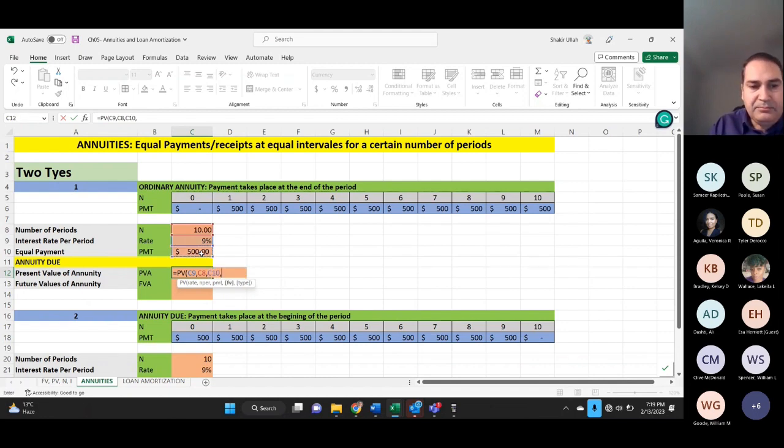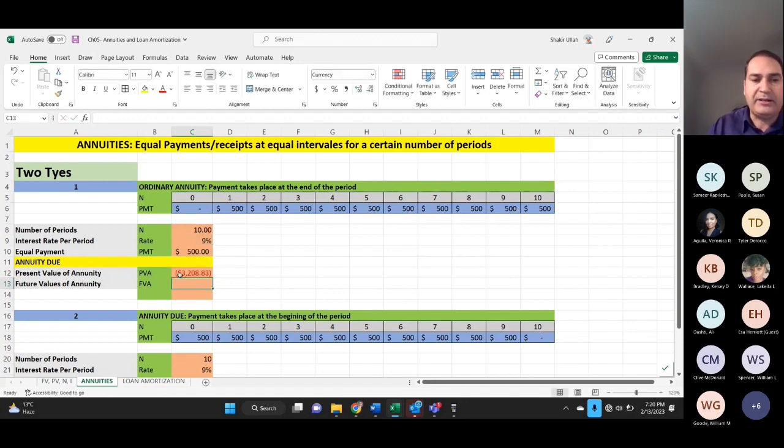Comma, future value. We don't receive any future value, no lump sum amount in the future. When this stream of annuity is finished, it's finished. So there is no lump sum future payment, so that would be zero. And then it is asking for the type, and type is zero because this is an ordinary annuity. We close the parenthesis, and that is what we get.